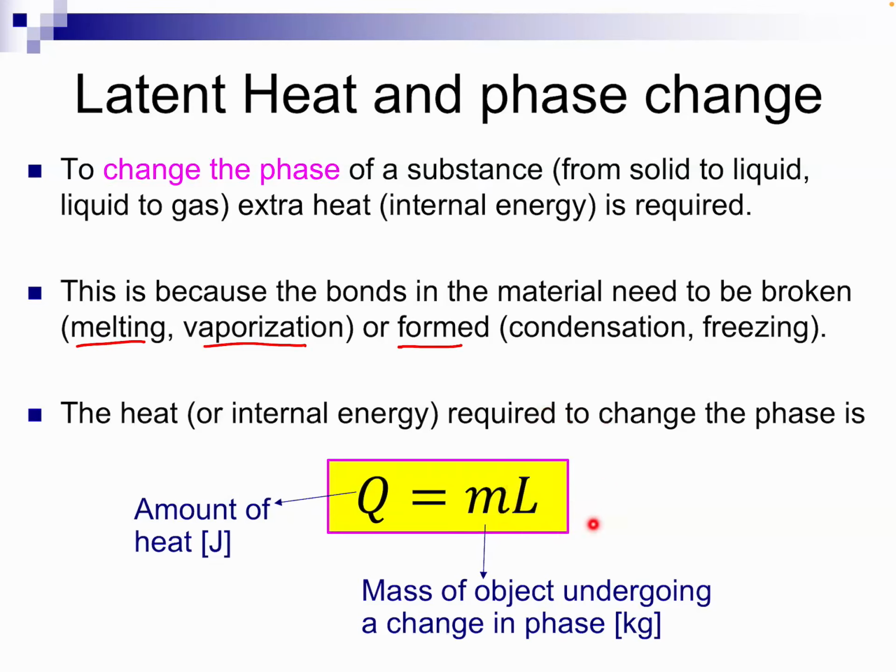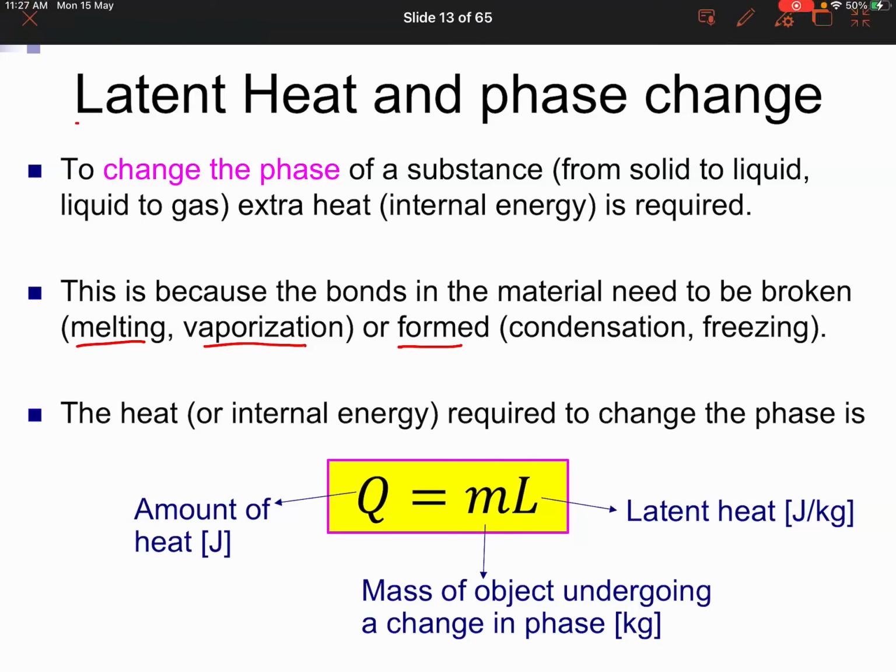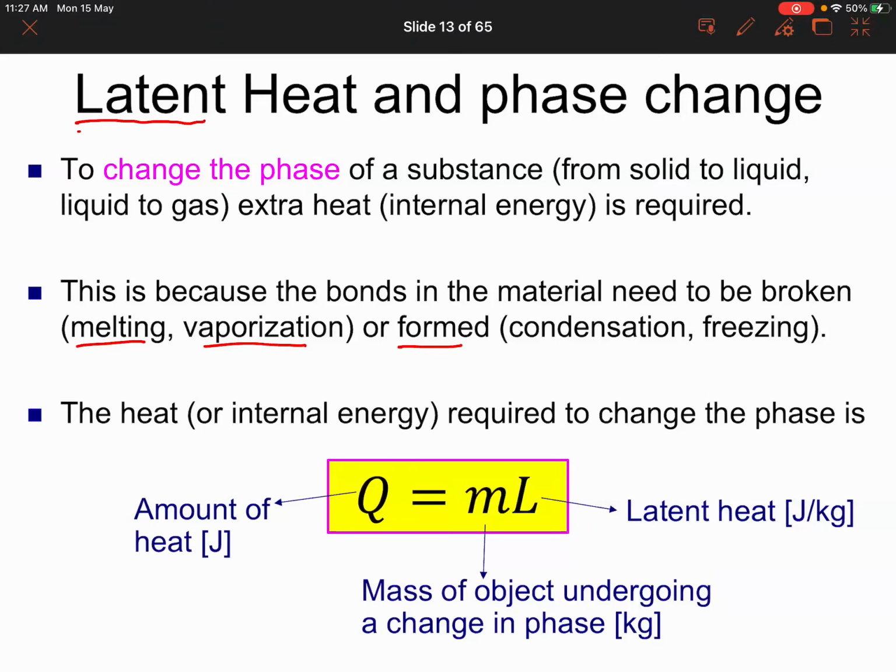Right, now this L in this equation, we haven't met this L yet. So this L is called the latent heat. Latent heat is measured in joules per kilogram. Okay. So this amount of heat required for changing the phase of the object is called latent heat because latent means hidden, right?